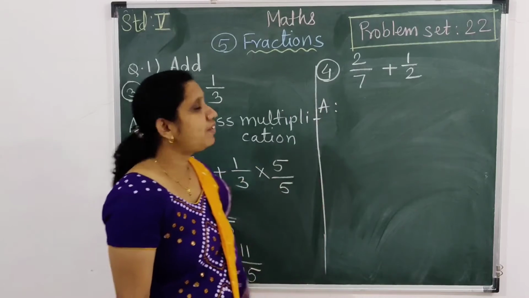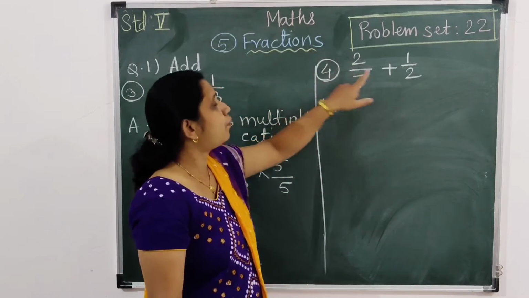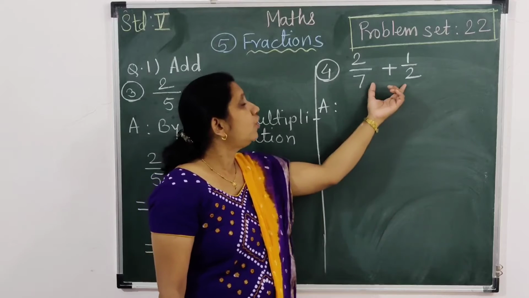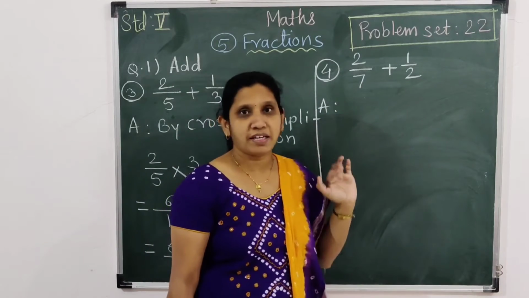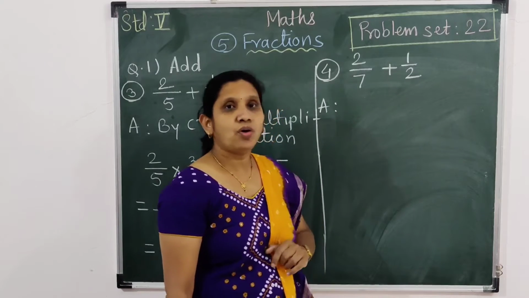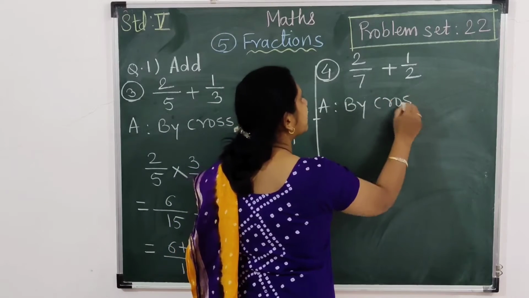Students, let's solve example number 4. The fractions are given: 2 upon 7 plus 1 upon 2. Here also look at the denominators. None of the numbers is a multiple of the other, right? So what to do? By cross multiplication.